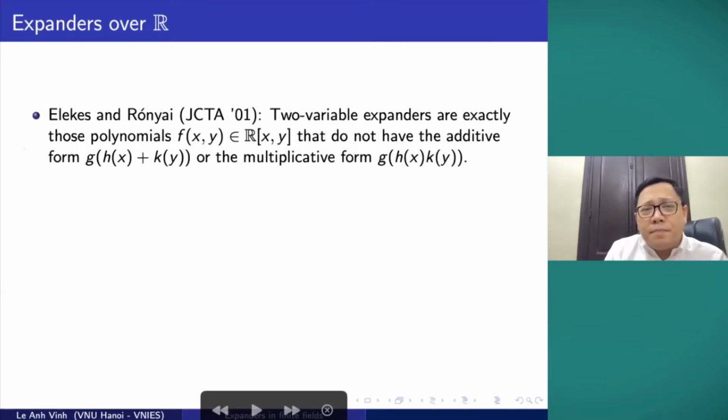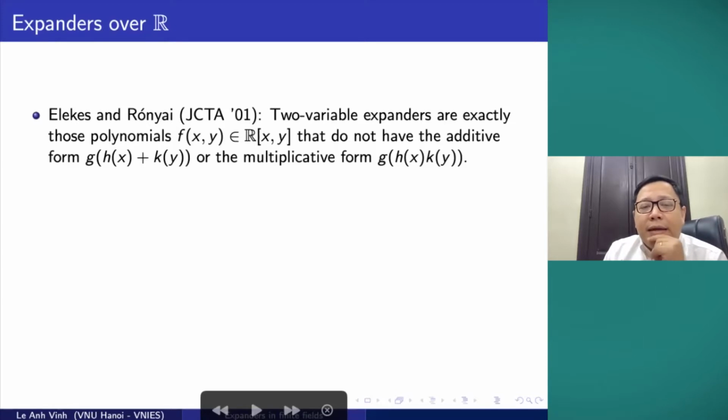One of the first results that I want to mention here is for two-variable expanders. It is not surprising that all two-variable polynomials, if they don't have the additive form or the multiplicative form, will be expanders. Let's think about this in an easier way.